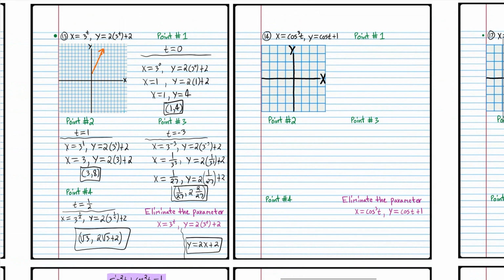So for number 14, we're going back into trigonometric functions. So press the window button, and for t minimum, you're going to enter negative 360, and for t max, positive 360, just to be safe. That might be more degrees than you really need, but change the step to 1 degree, not 0.1.